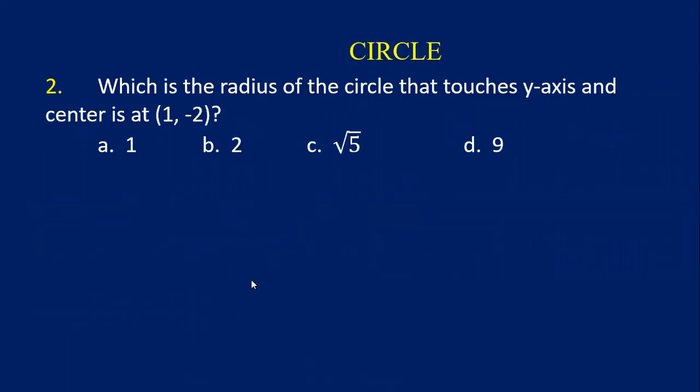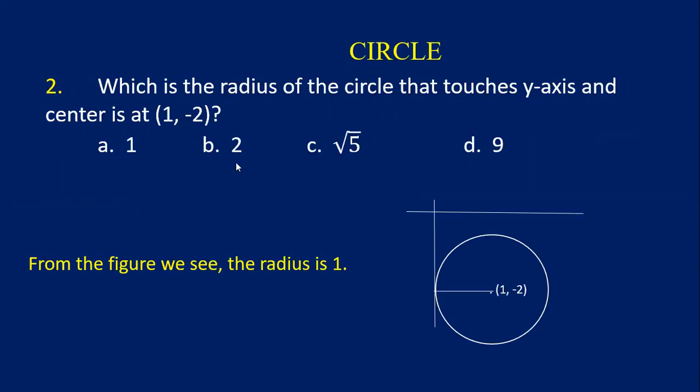Now question number 2. Which is the radius of the circle that touches y-axis and center is at 1, minus 2? So let us draw a picture where the circle touches y-axis and center is 1, minus 2. You see, this is the center 1, minus 2 and the circle touches y-axis.